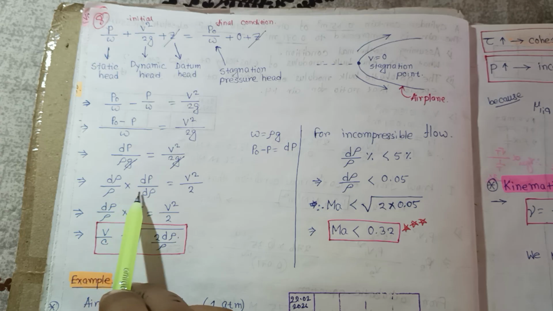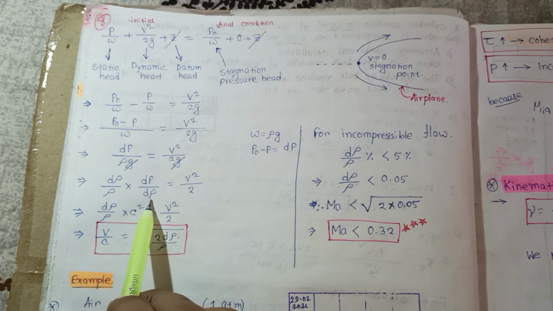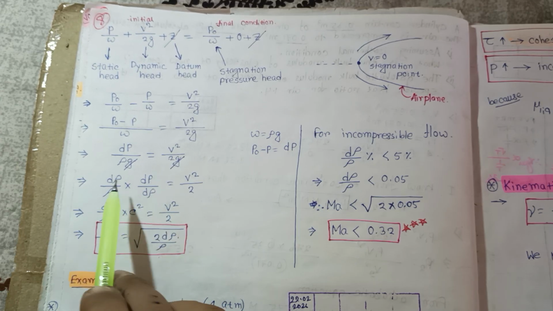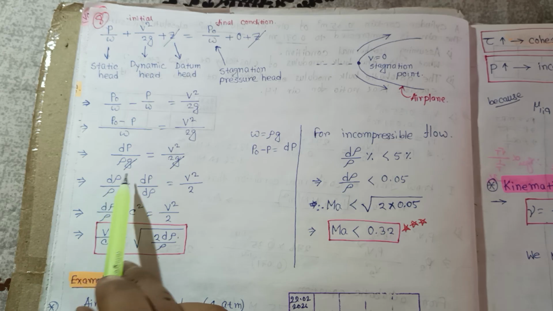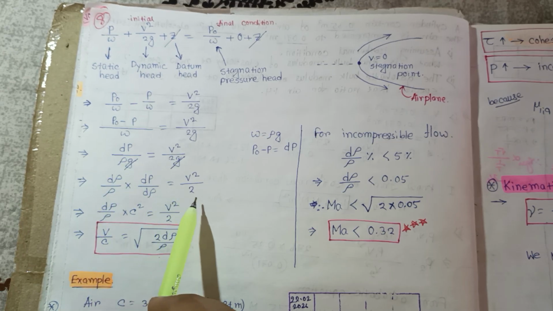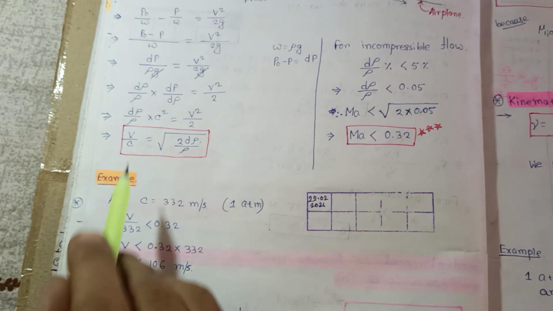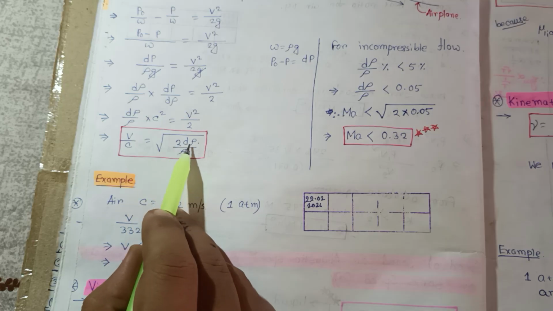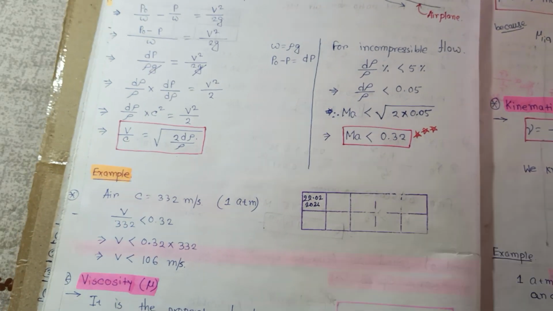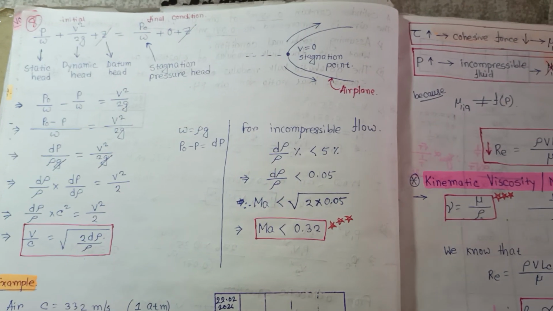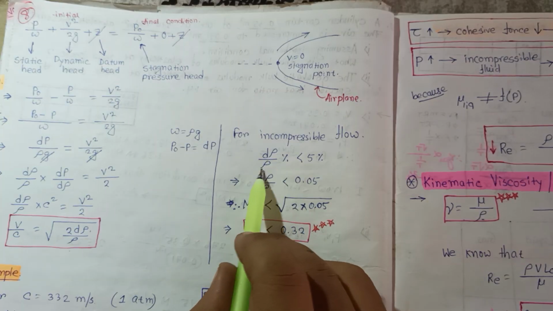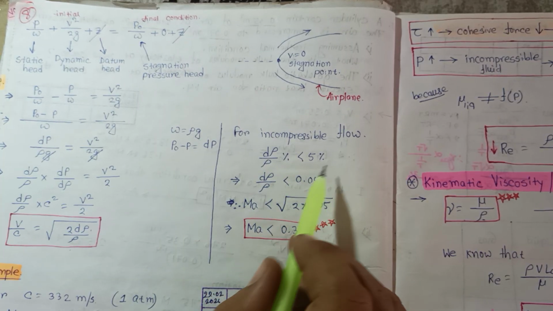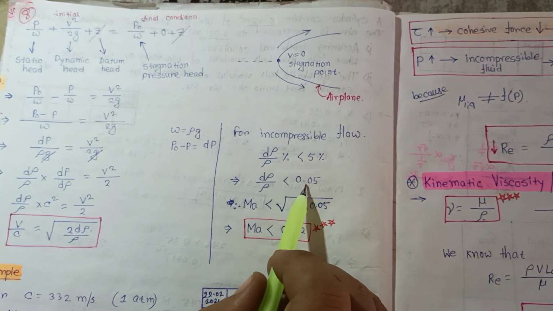So d rho by rho into dP by d rho, you can write in this way, is equal to V square by 2. From here you can say that V by C is equal to under root 2 into d rho by rho. For incompressible flow we know that d rho by rho, in percentage, is less than 5%. So d rho by rho is equal to 0.05.